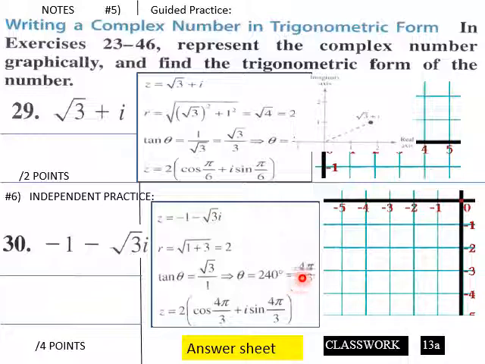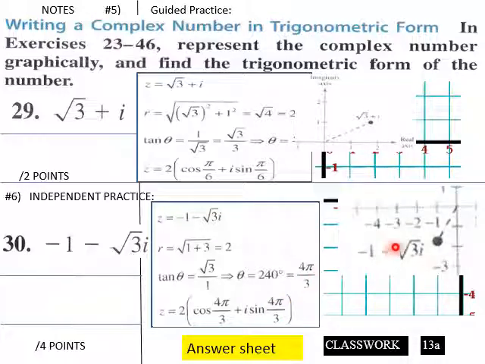So we're talking third quadrant for that. So now we have 2 times cosine 4 pi over 3 plus I sine 4 pi over 3. And then the graph of that would be like this. That would be -1 minus radical 3i right here.